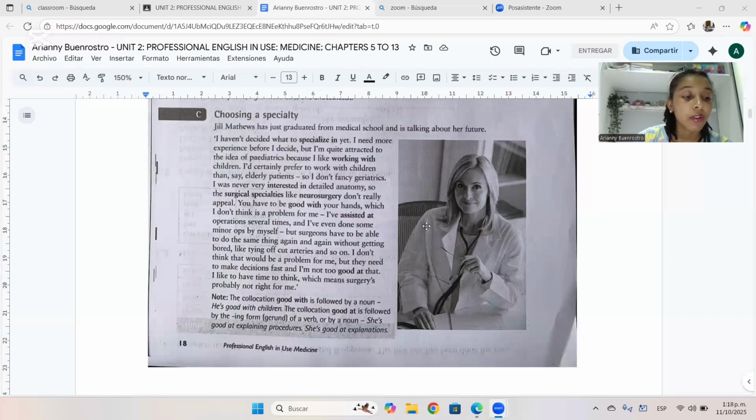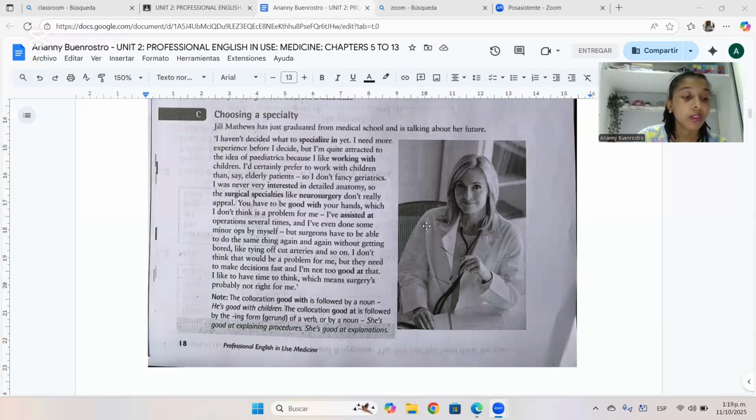But surgeons have to be able to do the same thing again and again and again without getting bored, like tying off arteries and so on. I don't think that would be a problem for me, but they need to make decisions fast, and I'm not too good at that. I like to have time to think, which means surgery is probably not right for me.